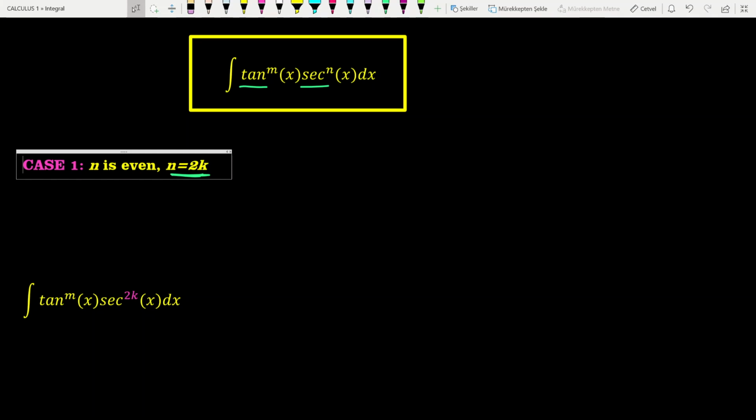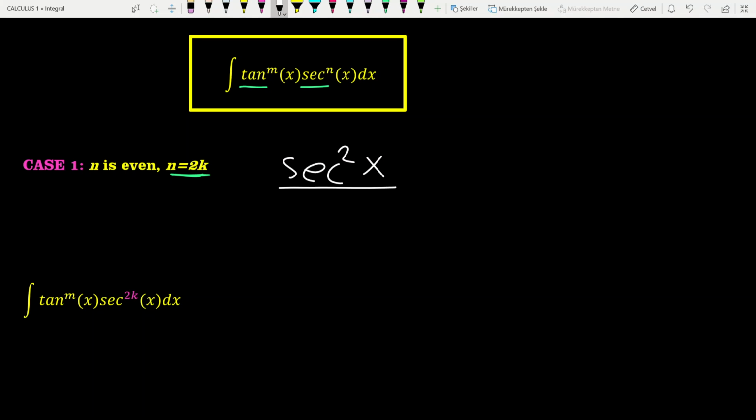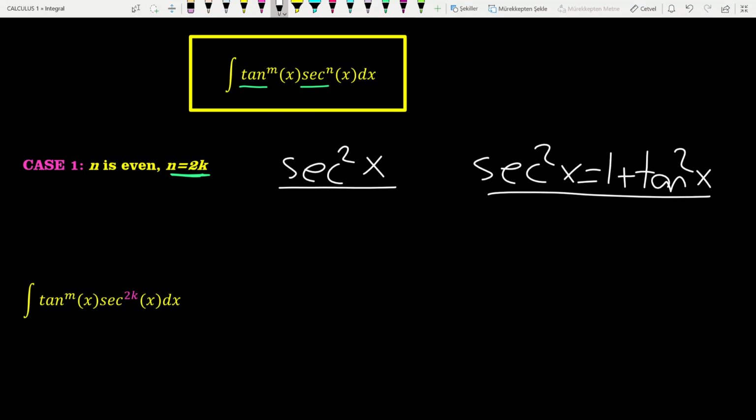In this case, we save a factor of secant squared x and use the trigonometric identity. Secant squared x is equal to, as you know, 1 plus tangent squared x. We use this trigonometric identity to express the remaining factors in terms of tangent x.